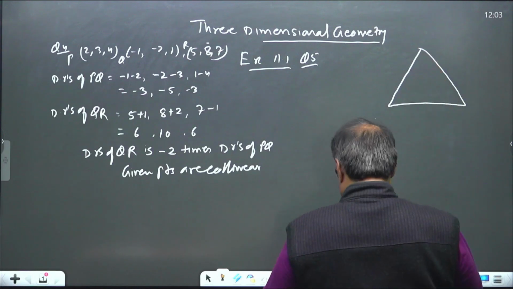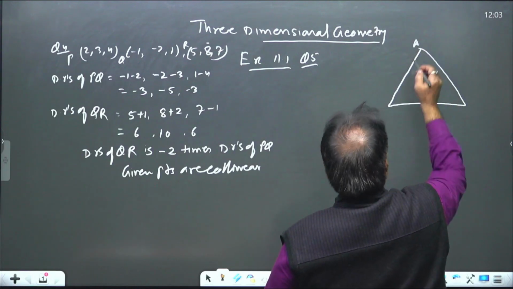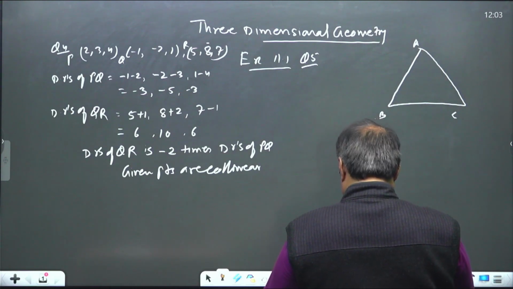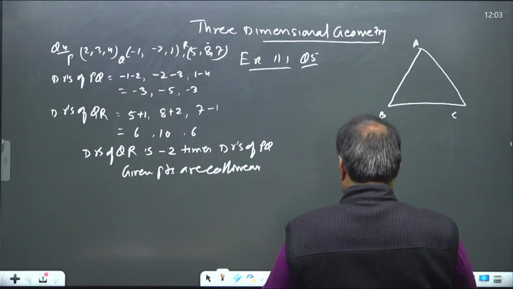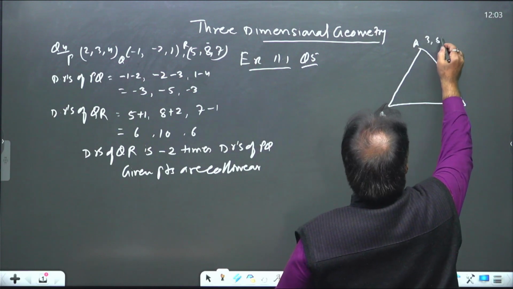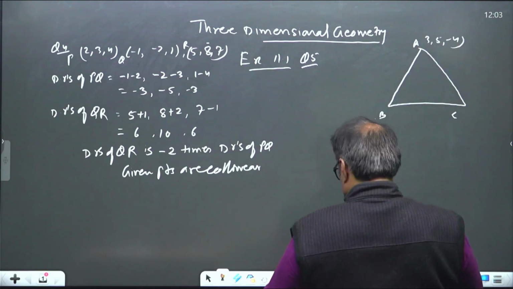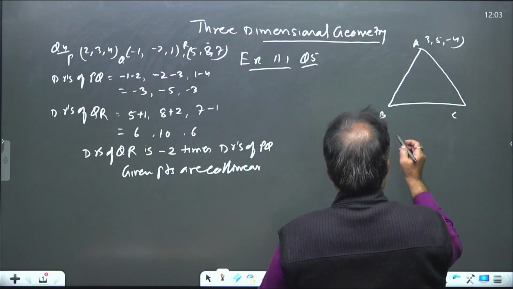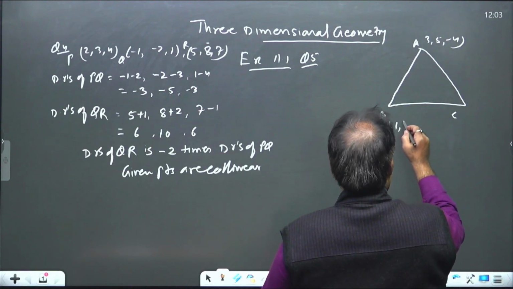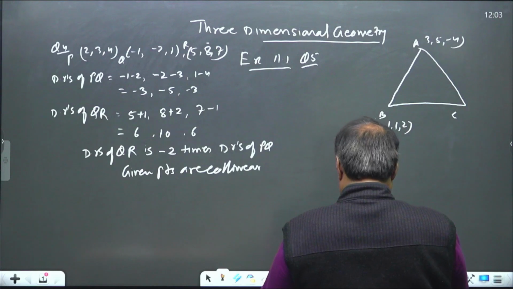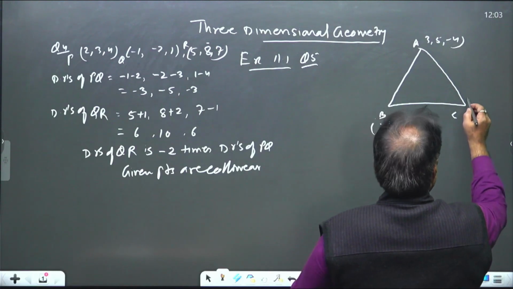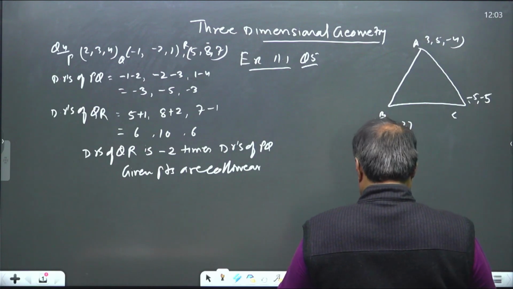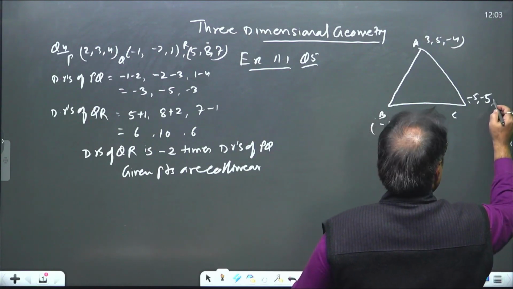This is the triangle, and suppose the vertices are A, B and C. A is (3, 5, -4), B is (-1, 1, 2), and C is (-5, -5, -2).